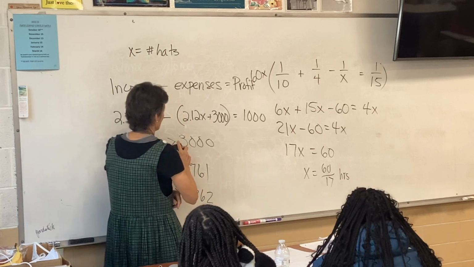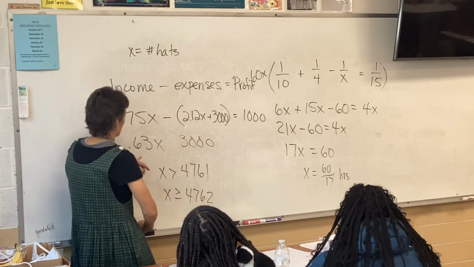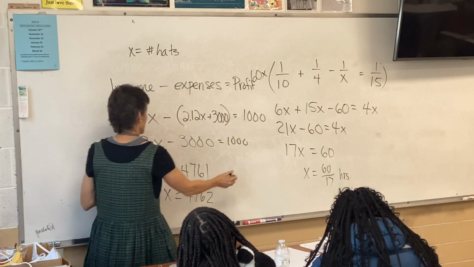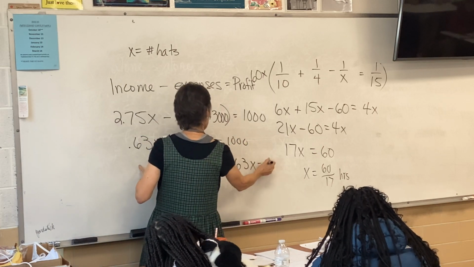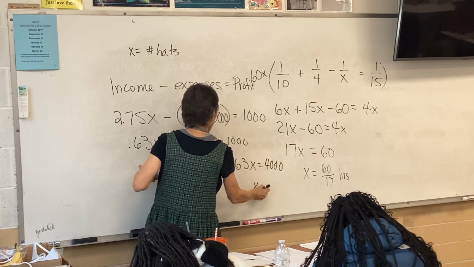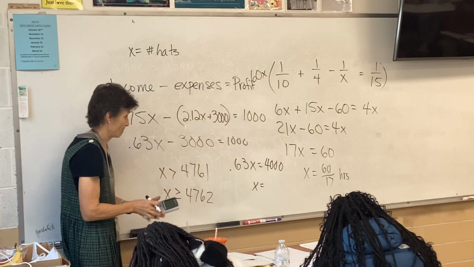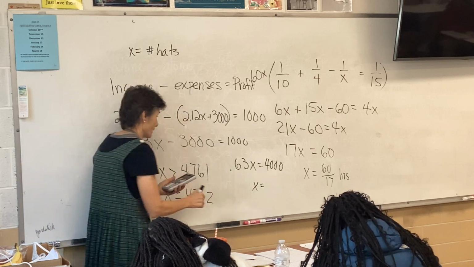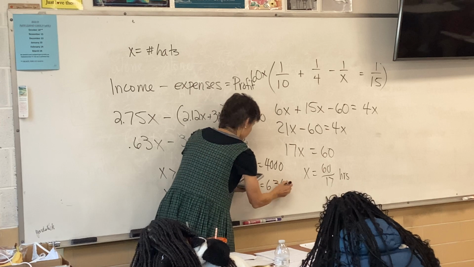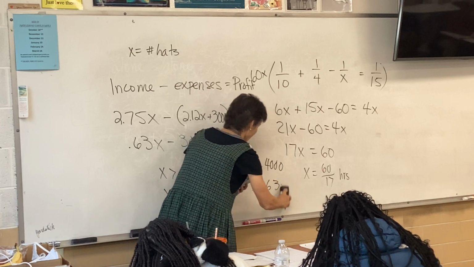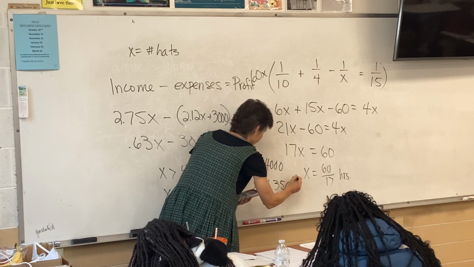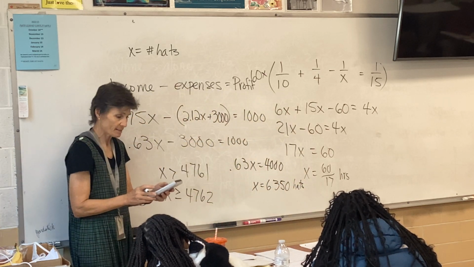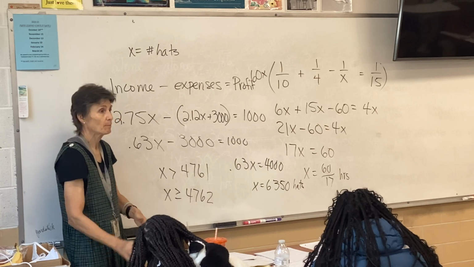So that minus that. I'm going to come up with actually 6,350 hats. Can't have fractional hats, so I'll have to round that up. 6,350 hats to make a profit of $1,000.